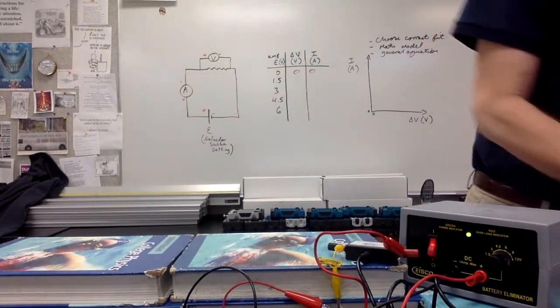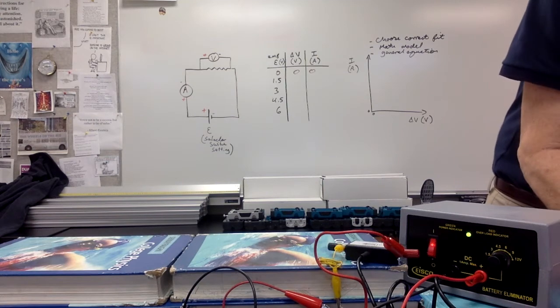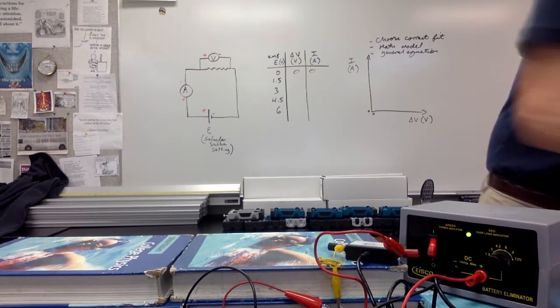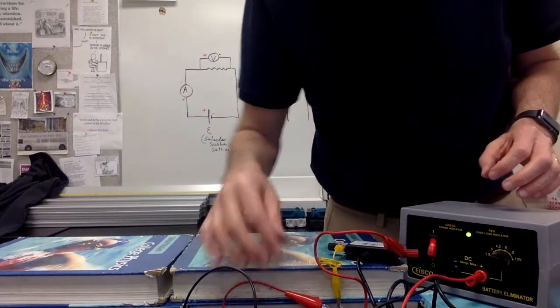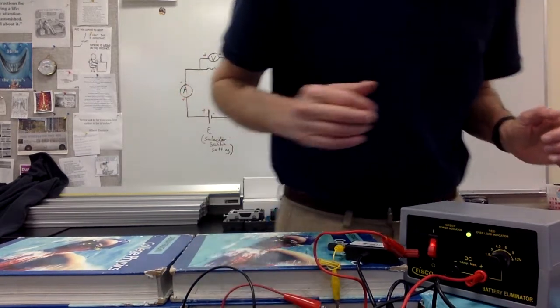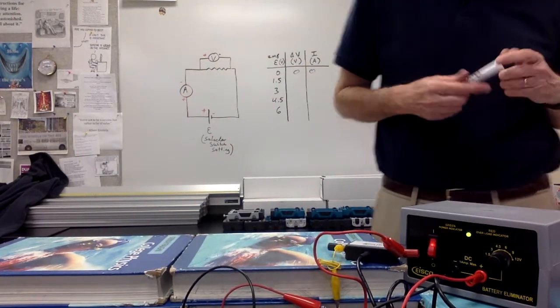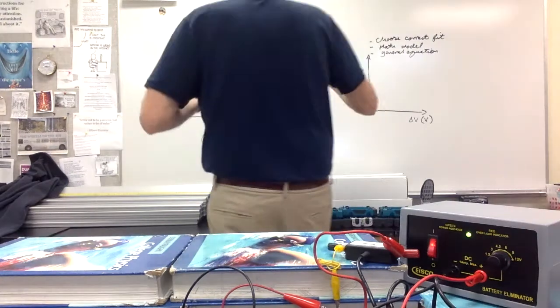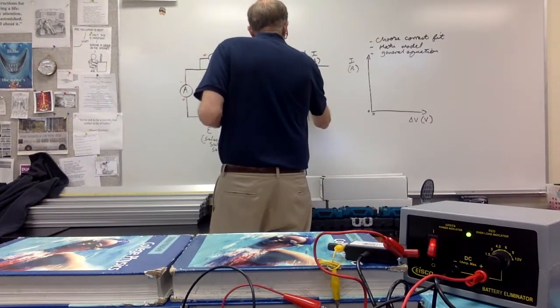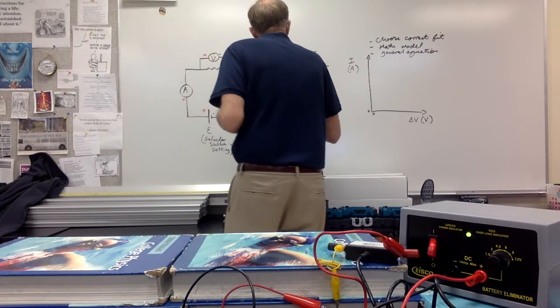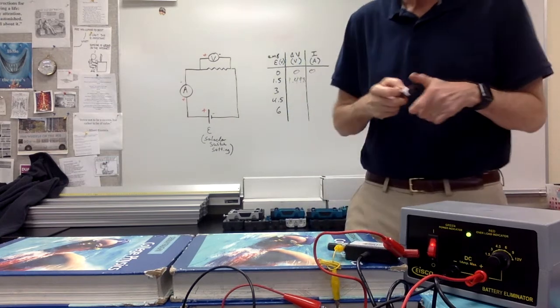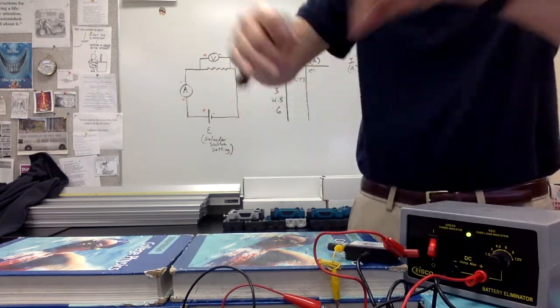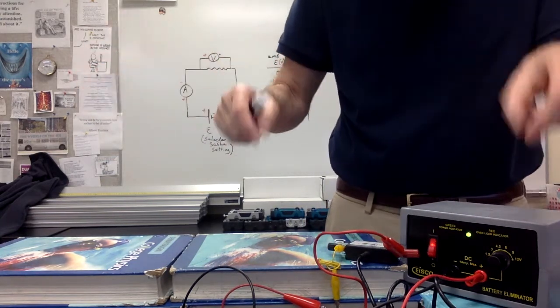Suddenly I have nothing. Oh, there we go. I have 1.498 volts being measured over the resistor from one side to the other.